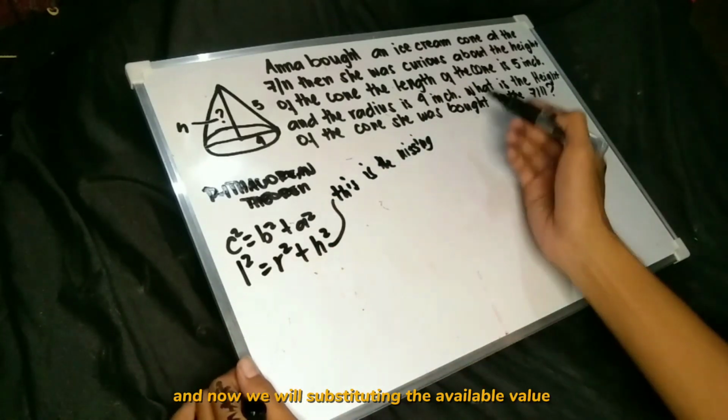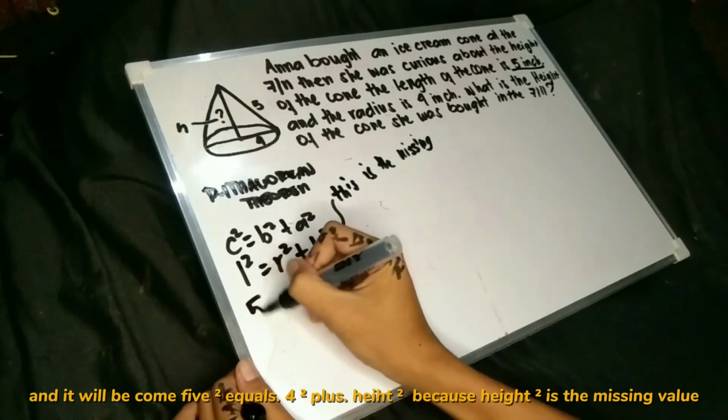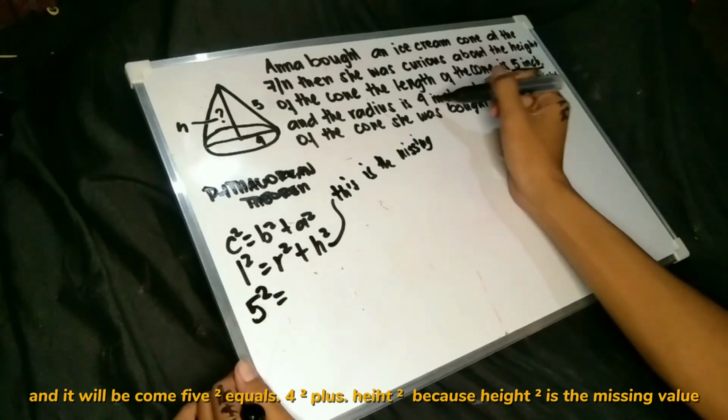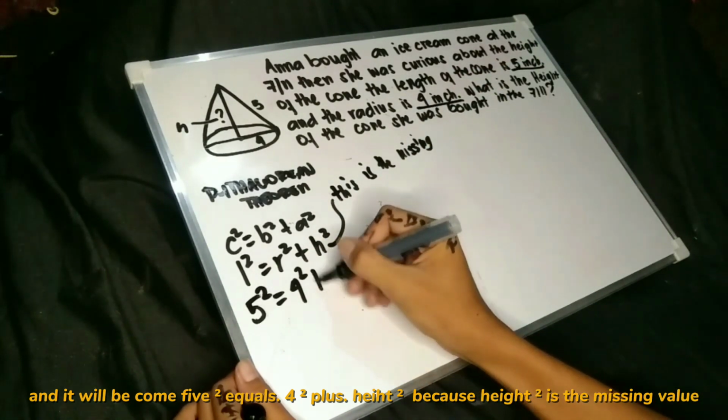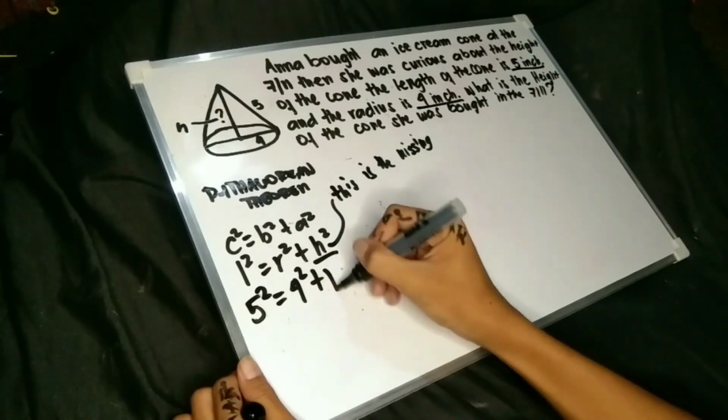And now we will substitute the available values. It will become 5 squared equals 4 squared plus height squared, because height squared is the missing value.